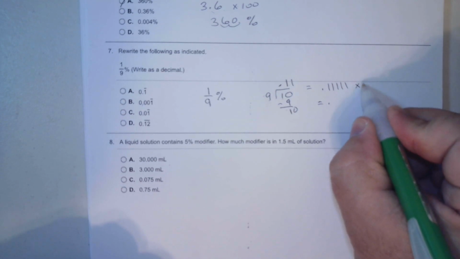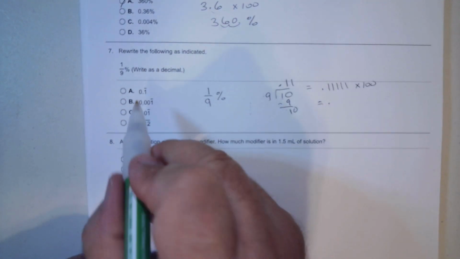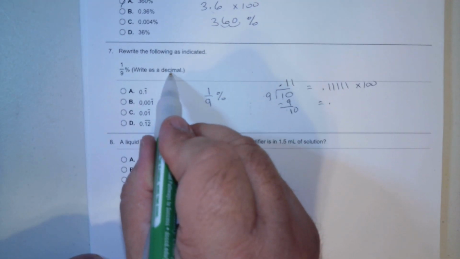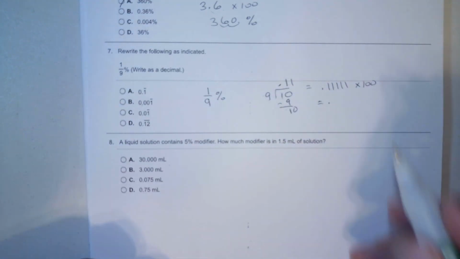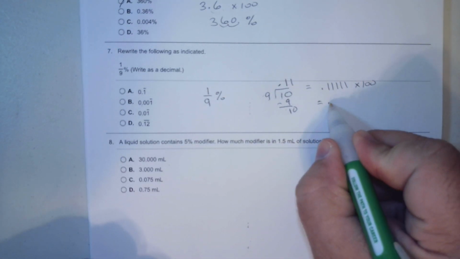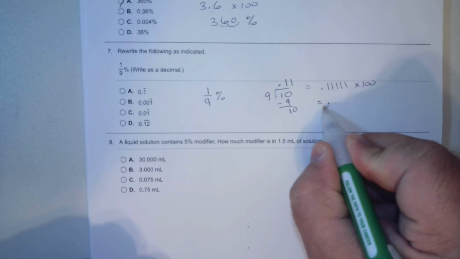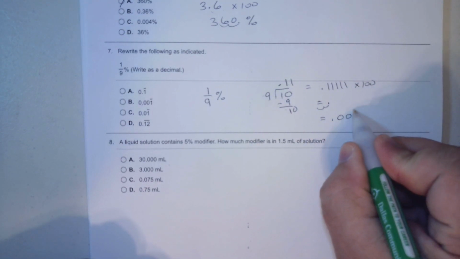So now we have percent to decimal, so we go the other direction. From here, we go 2 spaces to the left. 0.00111111.